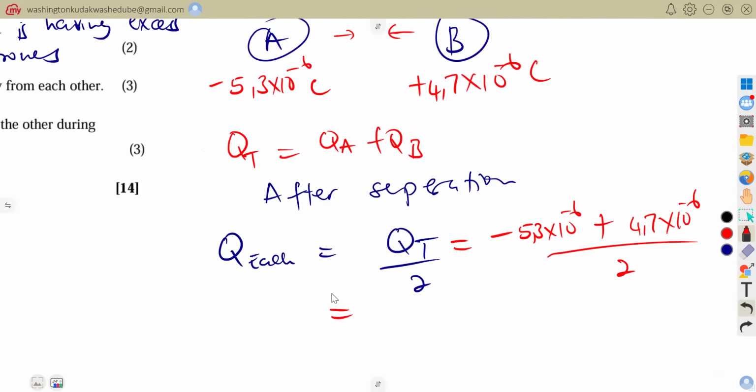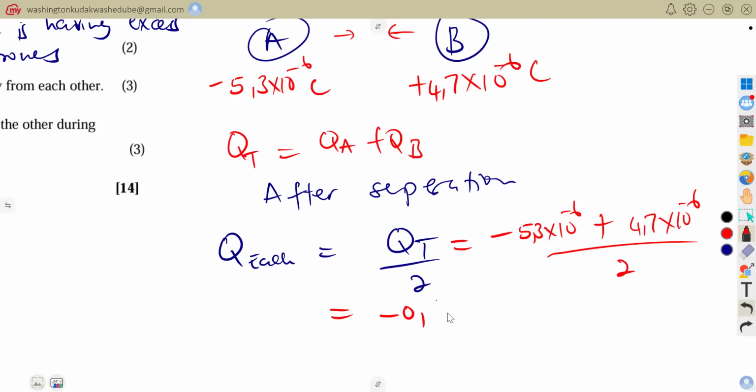So after separation, I'm just going to have negative 5.3 plus positive 4.7. That gives me a negative 0.6.